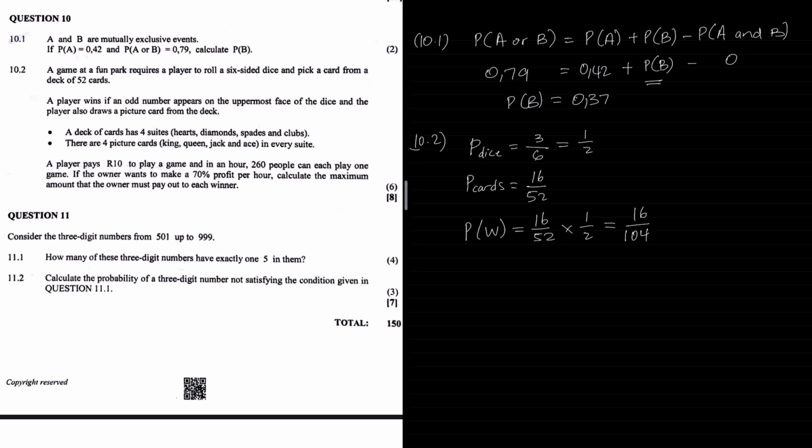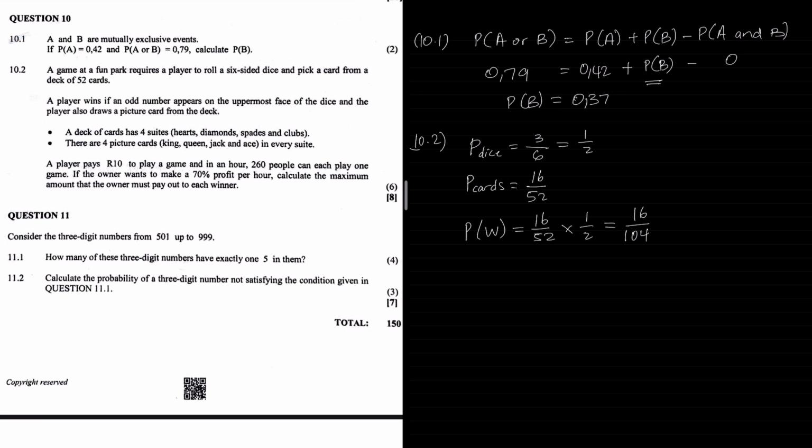Okay? Now, you could also think of it like this. Out of 104 people that play, 16 would win. So if in that 1 hour, 260 people would play, what I'm interested in is trying to figure out how many would win if 260 played.